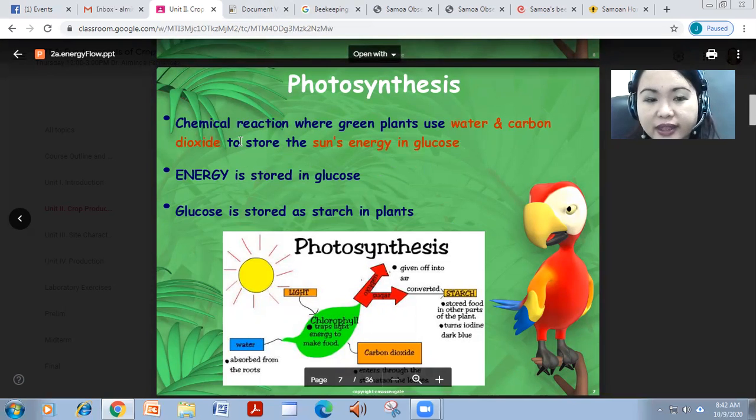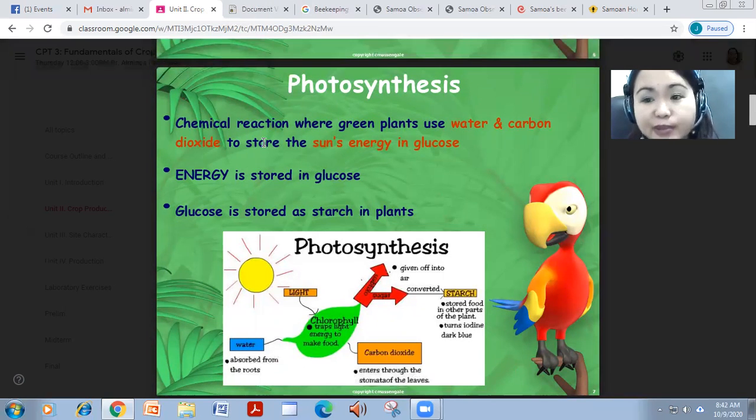So we can define it. It's definitely a chemical reaction because it's a reaction which is composed of different interactions of chemicals. We say green plants because they have chlorophyll.